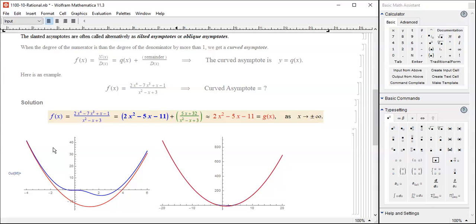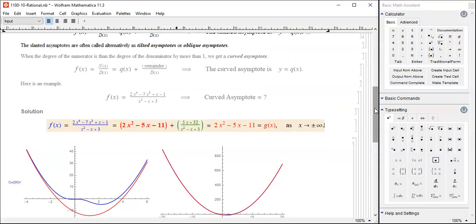That's the red graph here. Maybe I should have used red here as well. And blue is the original rational function. You can see the asymptotic behavior. So basically the same thing, polynomial division.